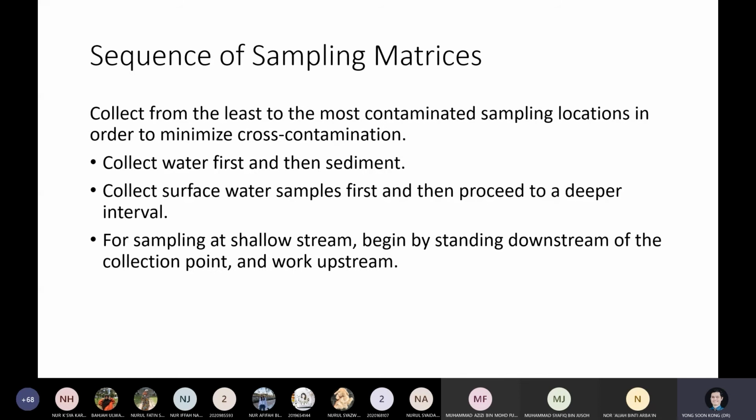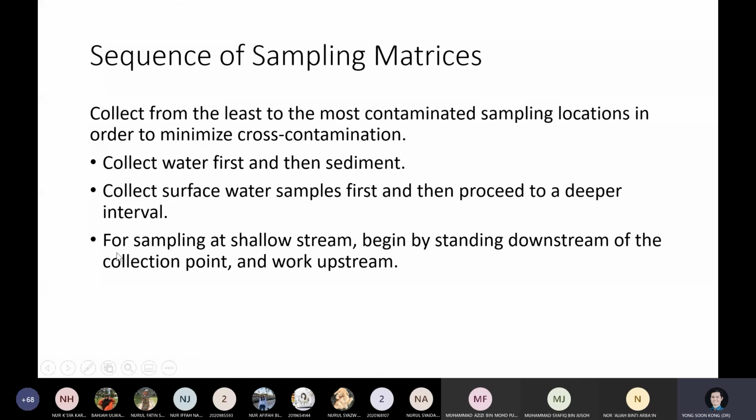So the point is very simple: start with water and end with sediment or soil. Or if you're collecting just a plain water sample, you start from the shallow part first, from the surface, the upper part of the river, and then you proceed to the deeper region, which probably contains more sediment.